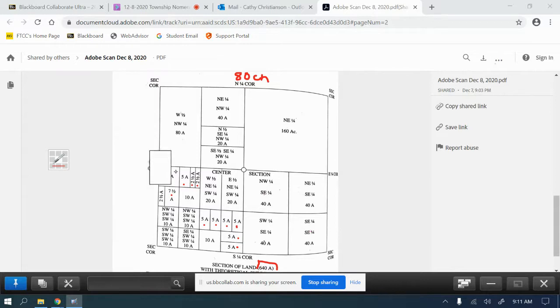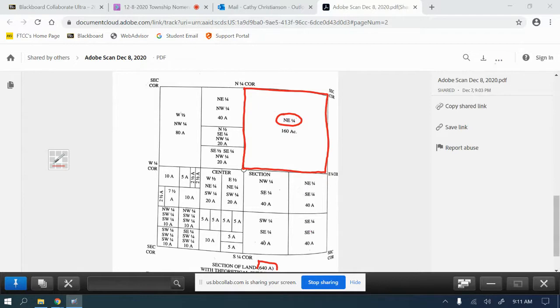All right, so I'm going to go ahead and erase this off, and then I'm going to show you how it's broken down. So it's broken down into quarters, kind of like our north, south, east, west. That's your northeast corner. And because they didn't divide it any more from that, it would be written as the northeast 1/4.